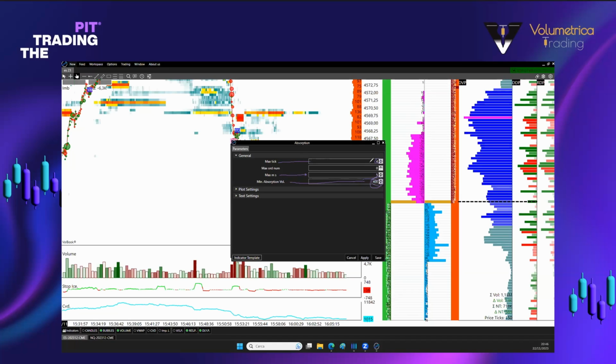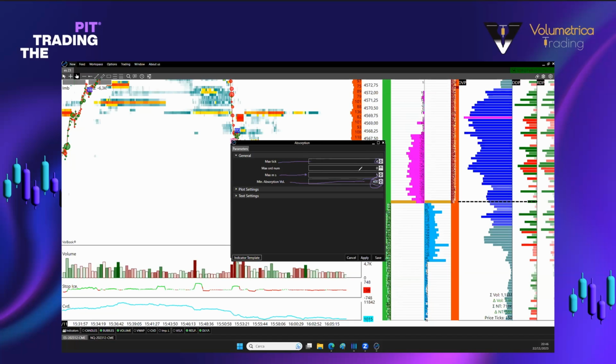So that's definitely an algorithmic detection of what absorption is. Absorption is basically lots of volume not being able to move price.